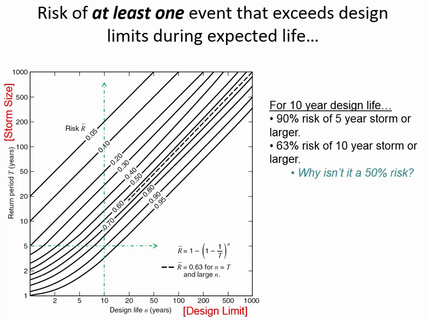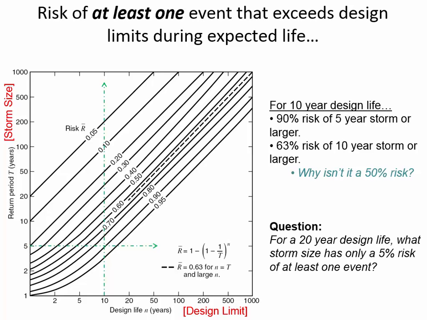But it's actually a 63% risk of a 10-year storm or larger because each year is cumulative. There is a 10% chance in each individual year, and the cumulative risk means that the probability of the storm, when you have a continuous number of years, is larger than any one given year.